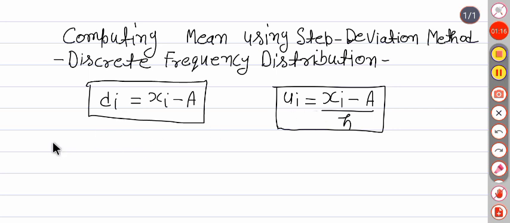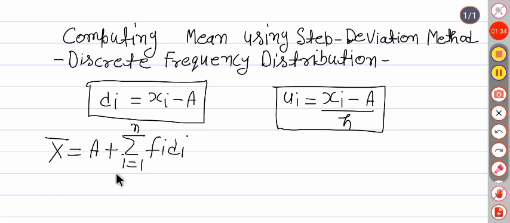For the earlier method we had mean equal to A plus summation over i equal to 1 to n of fi di upon capital N. Here you subtracted from the observation, so it is added.